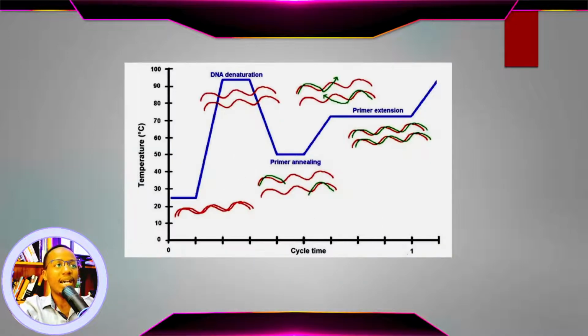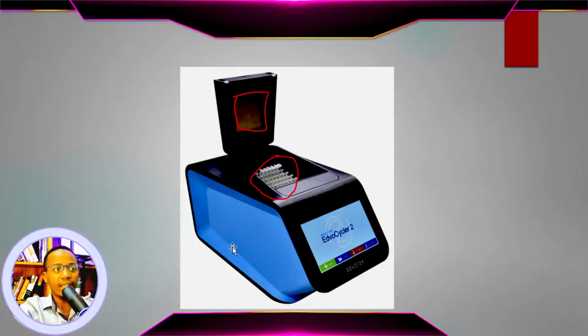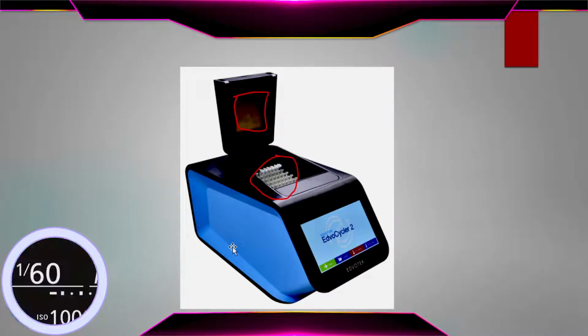So this is an example of your cycle, where it's going to go up, go down, then go up again, like that, right? This is an example of a cycle that goes up over and over again. But in this machine, you can set up the temperatures that you want.